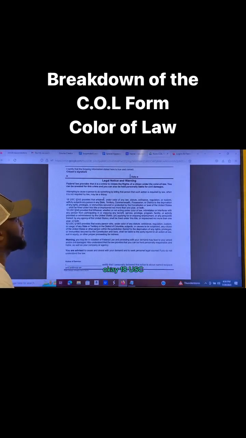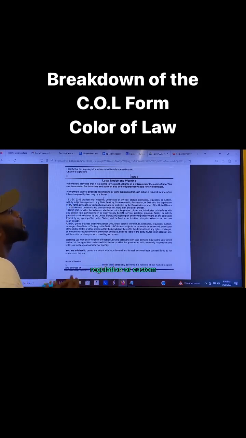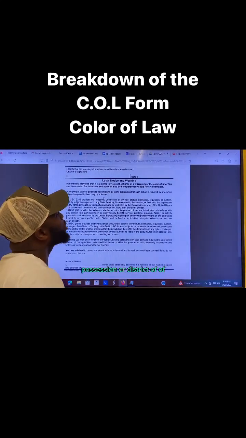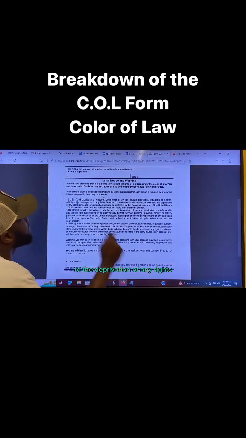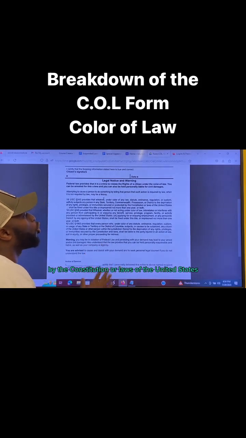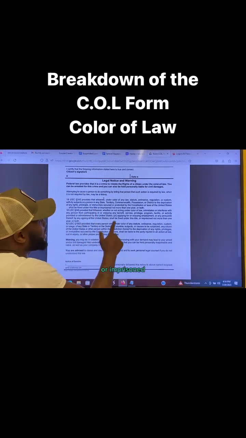Okay, 18 USC section 242 provides that whoever, under the color of law, statute, ordinance, regulation, or custom willfully subjects any person in any state, territory, commonwealth, possession, or district, basically the District of Columbia, to the deprivation of any rights, privileges, or immunities secured or protected by the Constitution or laws of the United States shall be fined under this title or imprisoned not more than 1 year.